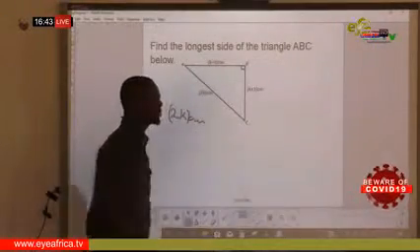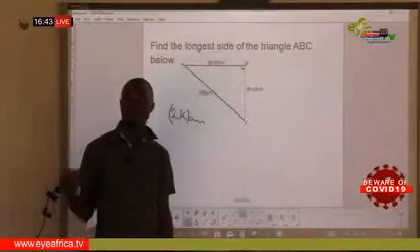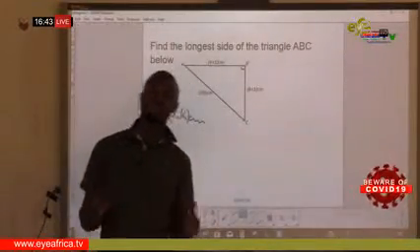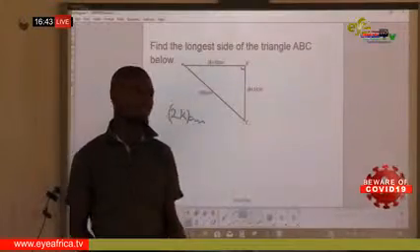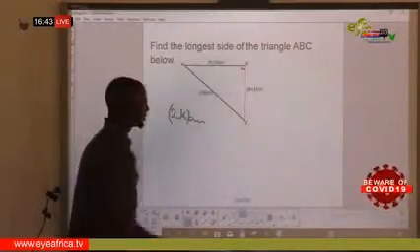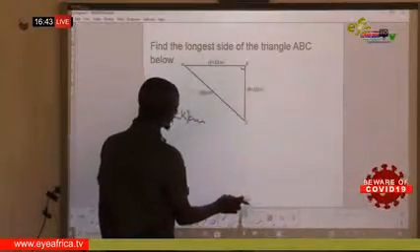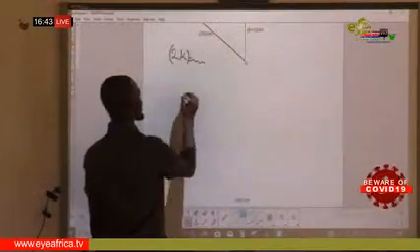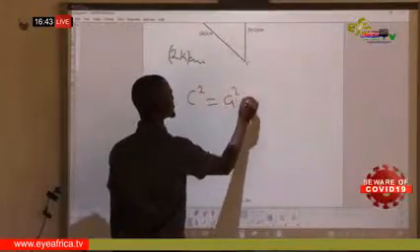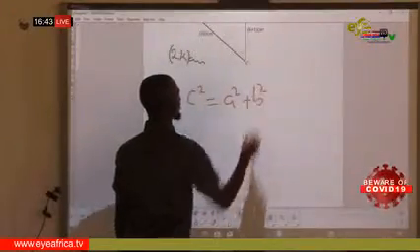How do we do it first? We first have to find the value of k. How do we find the value of k? We use the formula for Pythagoras theorem, since the diagram is a right angle triangle. What is the formula for the Pythagoras theorem? It is C square is equals to A square plus B square.